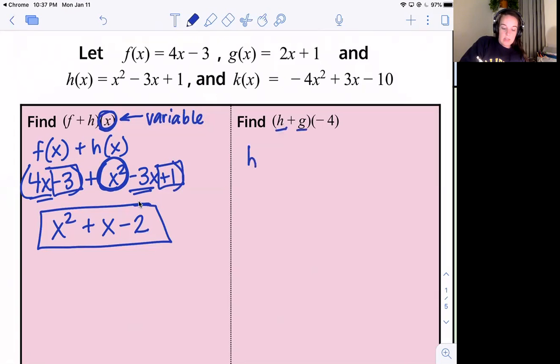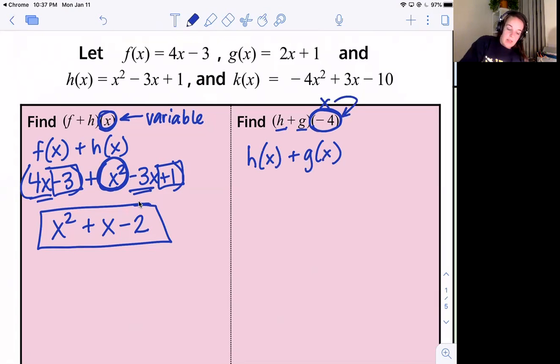I'm going to take the h equation and add it to the g equation, and then it's showing me here that this would normally be an x, but x is actually negative 4. So we read this h plus g of negative 4. At the end, we're going to substitute x in for negative 4.